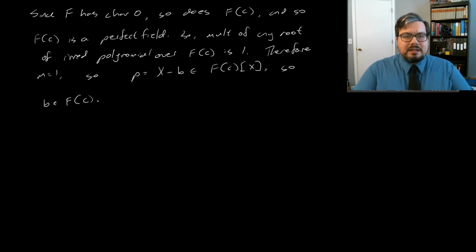But we really do need that f of c here is a perfect field. And the problem is that if f does not have characteristic 0, if it has characteristic p for some prime, then f of c will also have that same characteristic, but even if f is perfect, f of c might not be perfect. It might fail to be perfect when you move up.